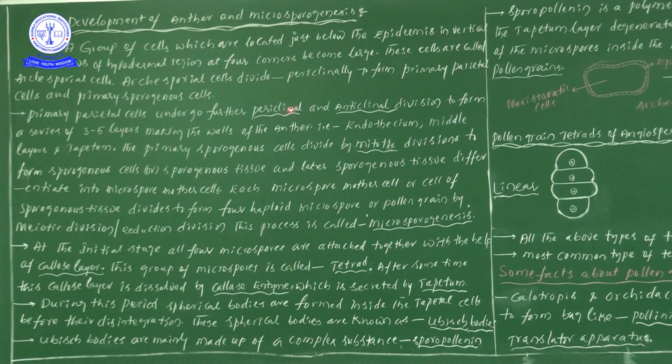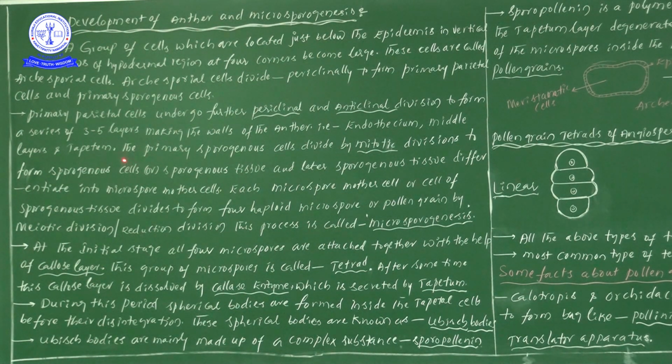Primary parietal cells undergo periclinal and anticlinal division, so 3 to 5 layers of cells form in the anther. The first layer, the epidermis, is already there; the next layers, endothecium, middle layers and tapetum, form from the primary parietal cells.